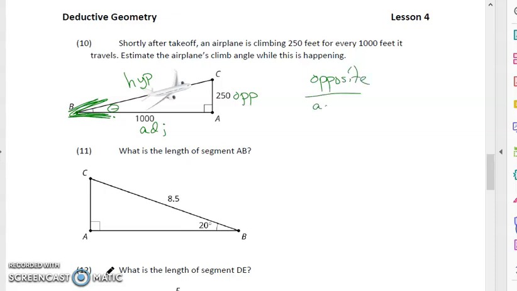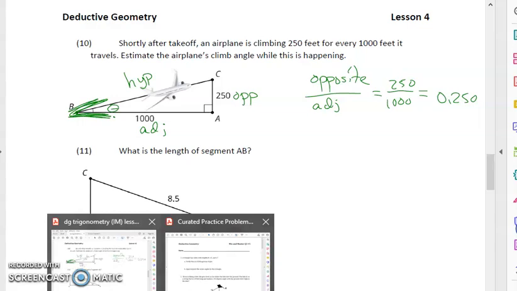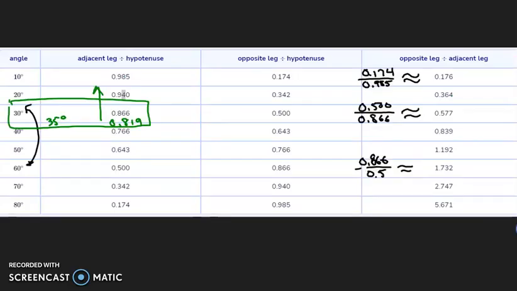So going back to this problem here, if I take the opposite side divided by the adjacent side, we can come up with an approximate answer here. So 250 divided by 1,000 means I'm looking for somewhere in my table where I think the angle is going to be about 0.250. So if I go back to our table, look for 0.250. So 0.250 is somewhere in here.